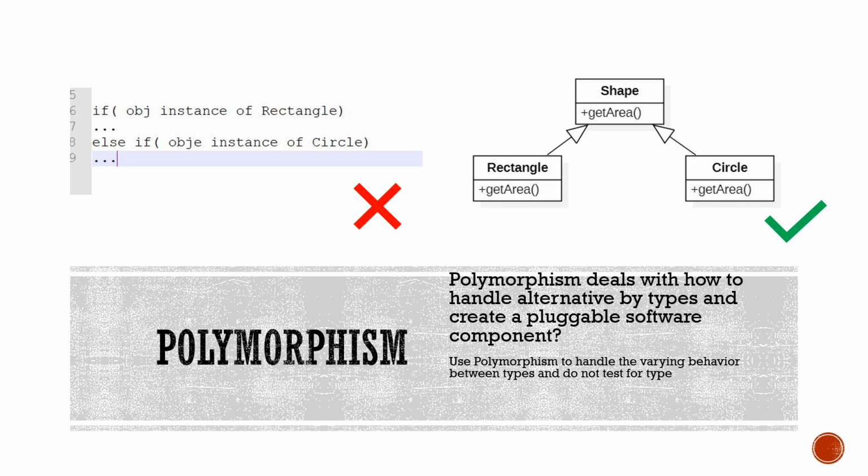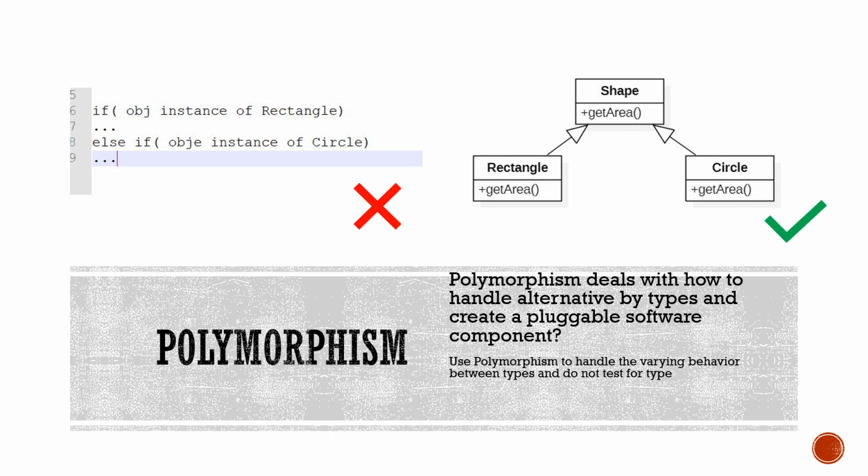And we can see the wrong design on the left side. You can see the wrong code. We check the type like that, and the disadvantage of this approach is whenever we add a new subclass of Shape, we need to modify the code, and that's not a good design.